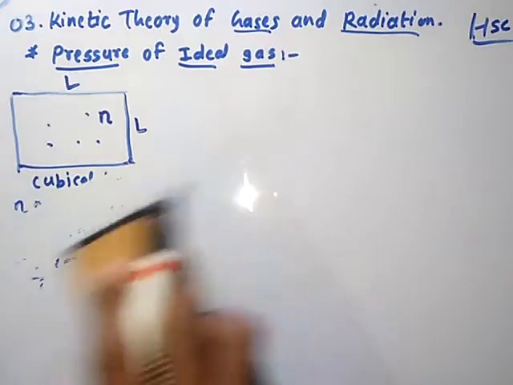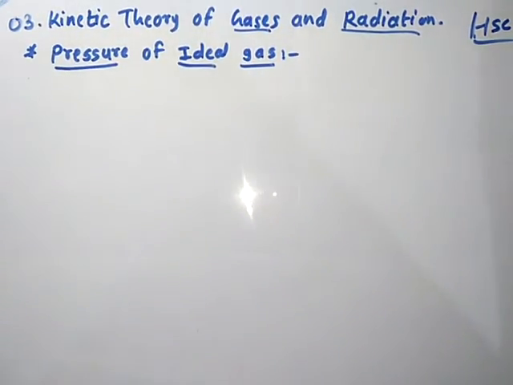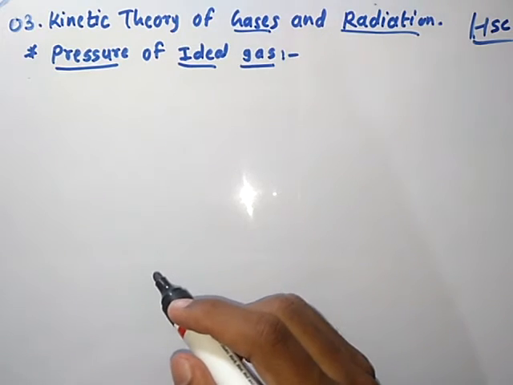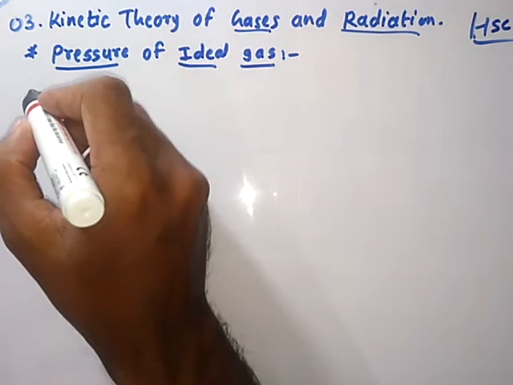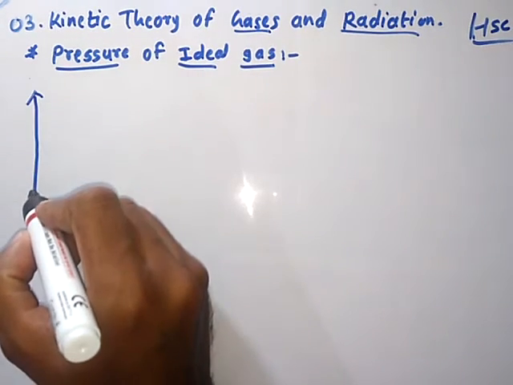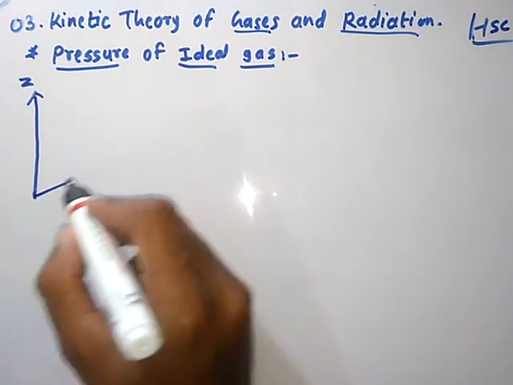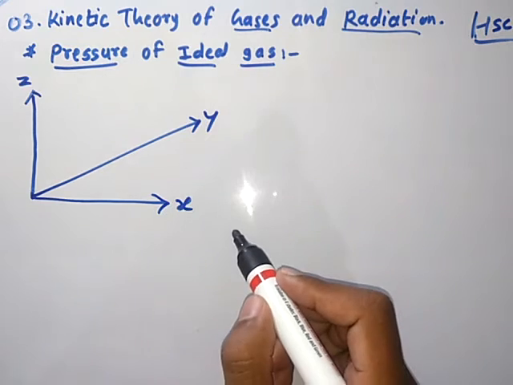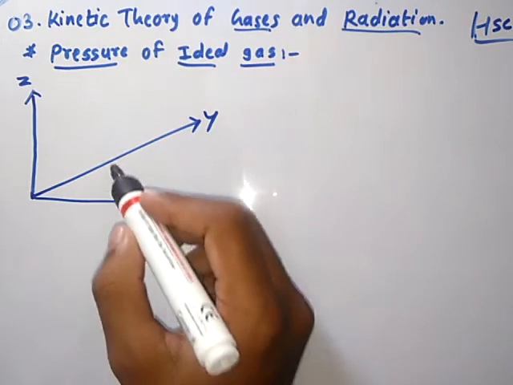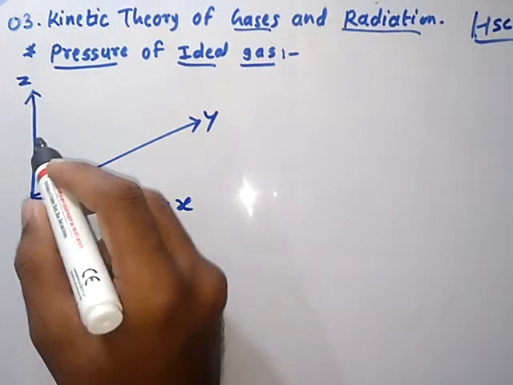Up to now we consider that the sides of the cubical box are parallel to the coordinate axes. Suppose this is the z axis, this is the y axis, and this is the x axis. So the sides of that cubical box are parallel to these coordinate axes.